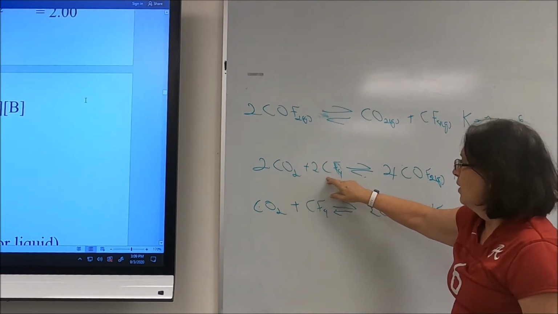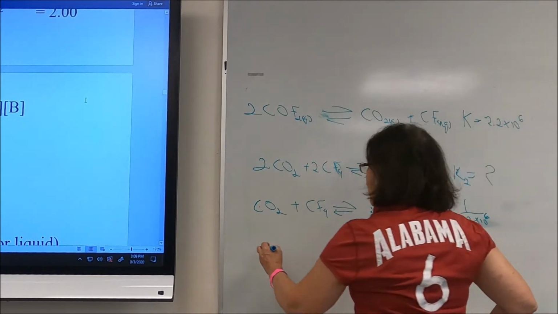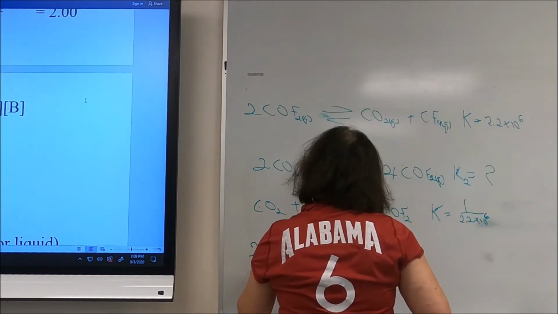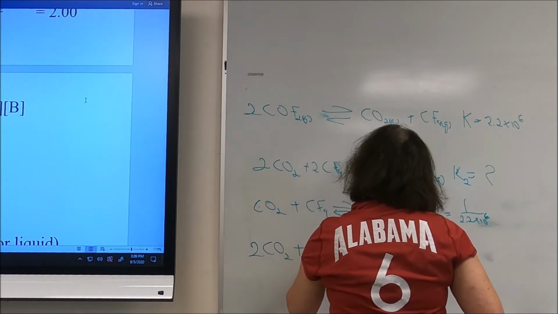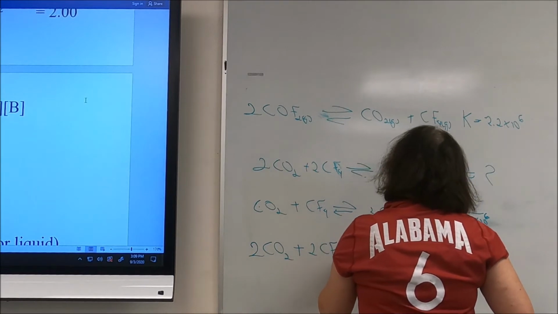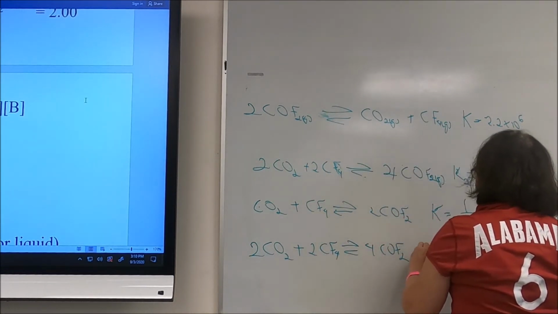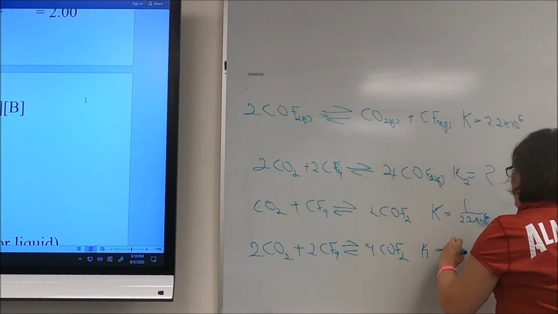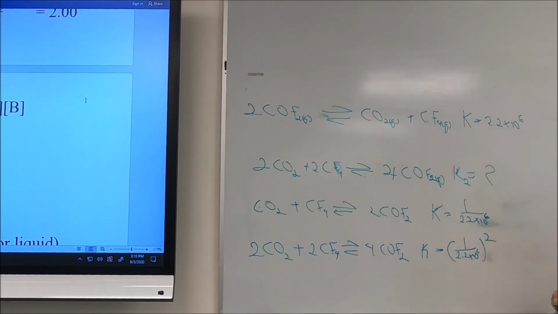But if I compare this reaction to this reaction, this one is a square of this one. So if I want to go to 2 carbon dioxides plus 2 carbon tetrafluorides to 4 carbon monoxide difluorides, then the equilibrium constant here is just going to be 1 over 2.2 times 10 to the 6 squared.